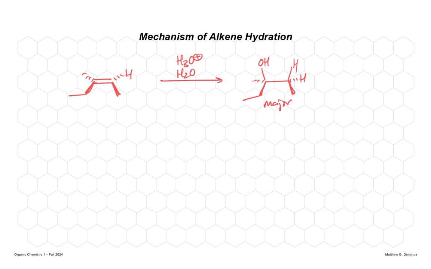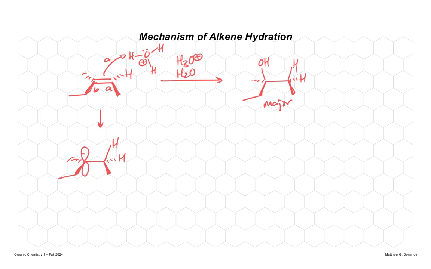So maybe I'll say A and B. If we use that pi bond and we protonate A, that leaves B as a carbocation.